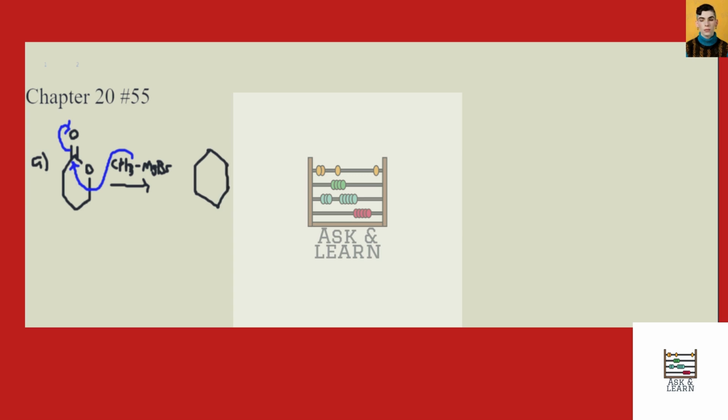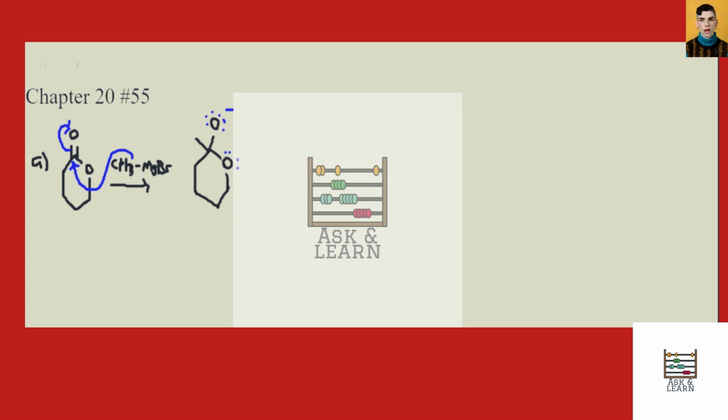So we've added our methyl group here. We have the alkoxide here. I forgot to draw the oxygen right here, so let me fix that. Okay, so we have this alkoxide with a negative charge. We've added our methyl group.